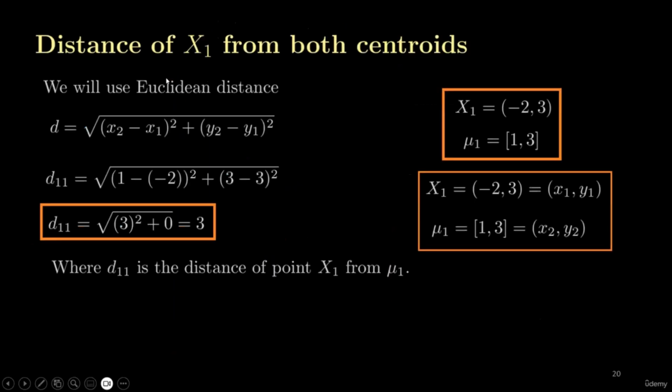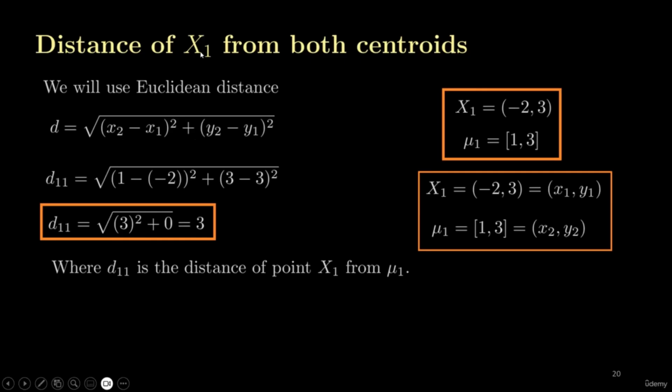To calculate the distance in 2D, we have to use the Euclidean distance equation. We will calculate the distance of data sample x1 from both centroids using (x2 minus x1) squared plus (y2 minus y1) squared. There is a square on each term so that the distance is positive. So how do we calculate x2 minus x1? Where is x2, where is x1, and where are y2 and y1?